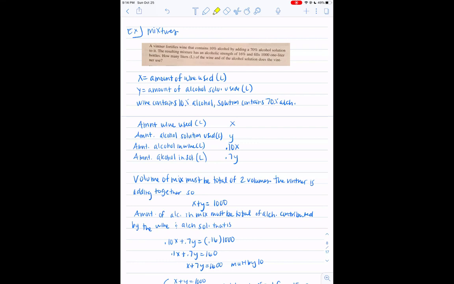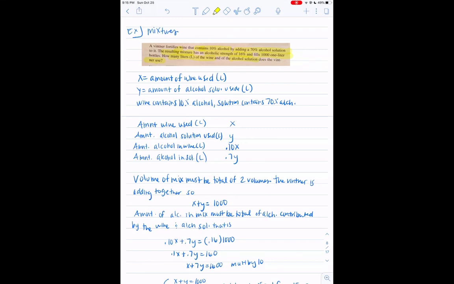So we want to find liters of wine and alcohol solution used.